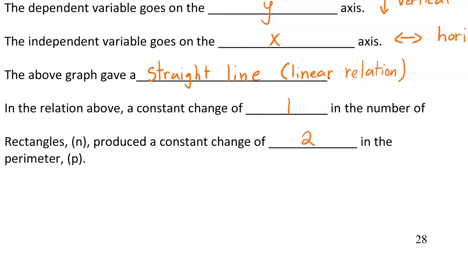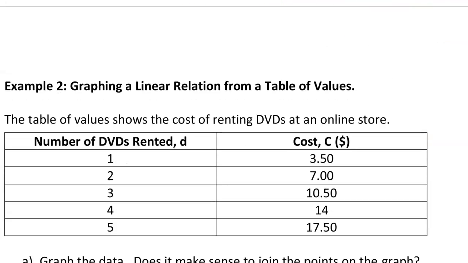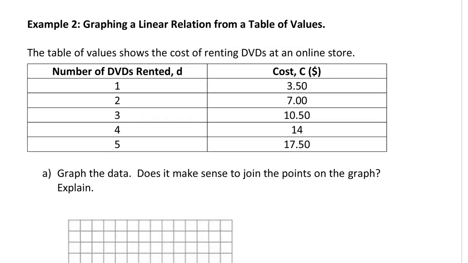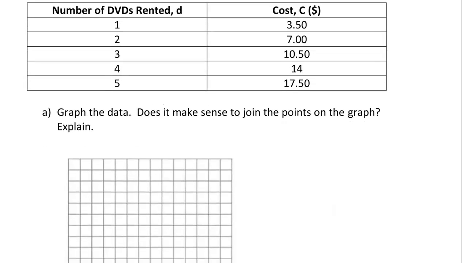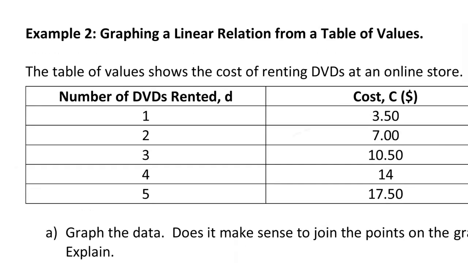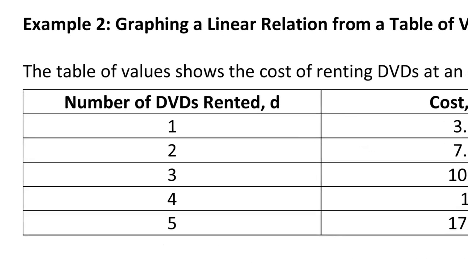So we took everything that we've learned through this whole unit and we're putting it all together now. In example 2, it says graph the linear relation of the table of values. So we're going to look at the number of DVDs rented, which is going to be D, and the cost, which is going to be C. Now, is our number of DVDs going to be independent or dependent?